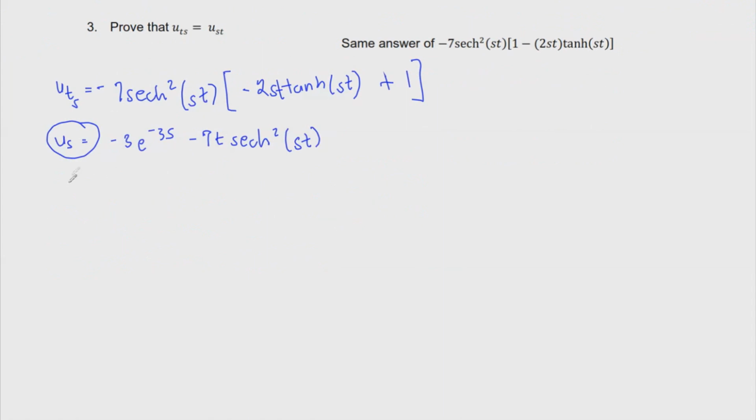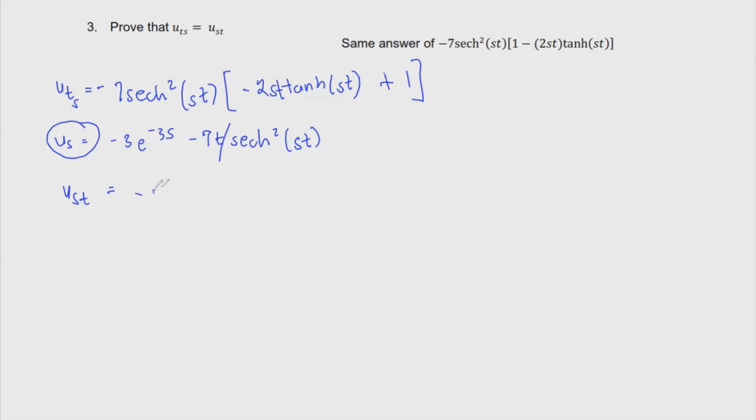So we have to do u sub s sub t. Okay, and in this way, I need to differentiate this with respect to t. I know quite well that this one is product rule because this has t, and this also has a t on the inside.